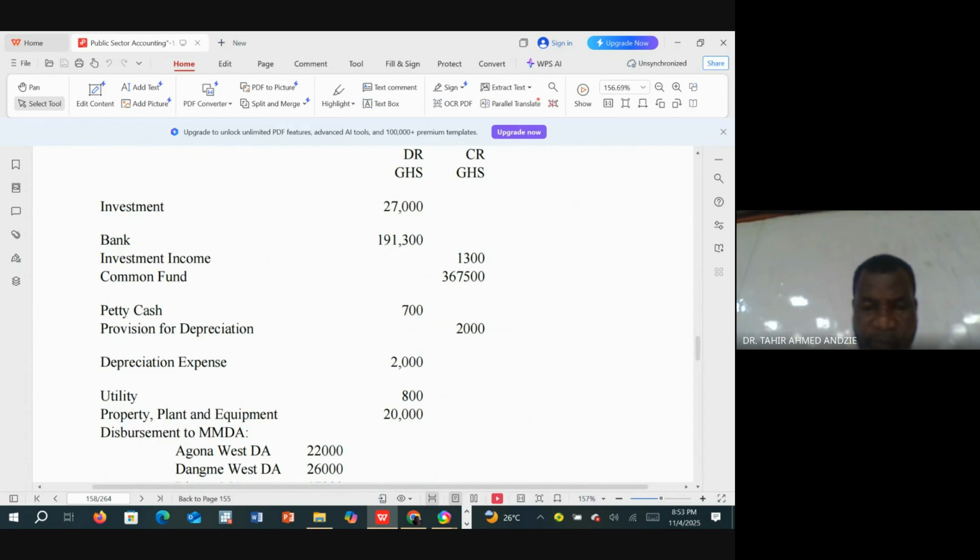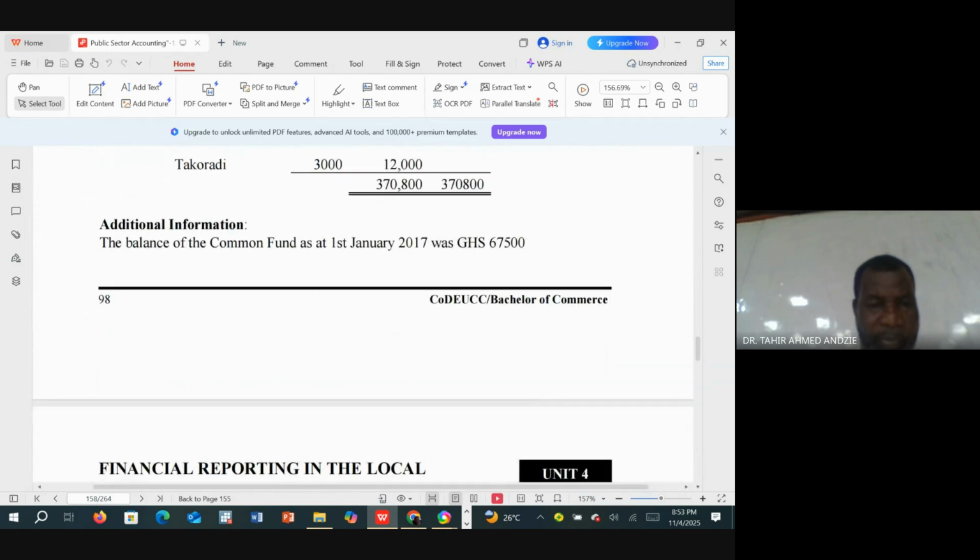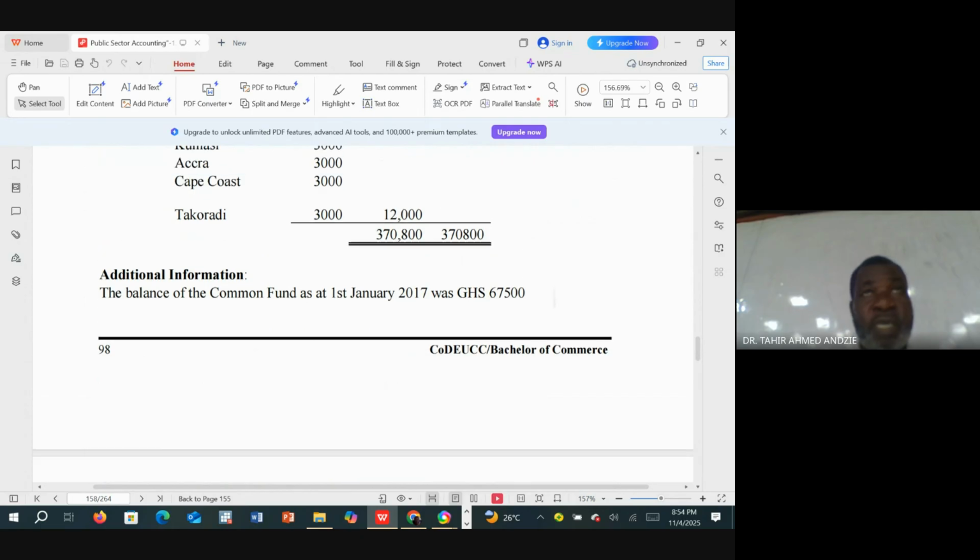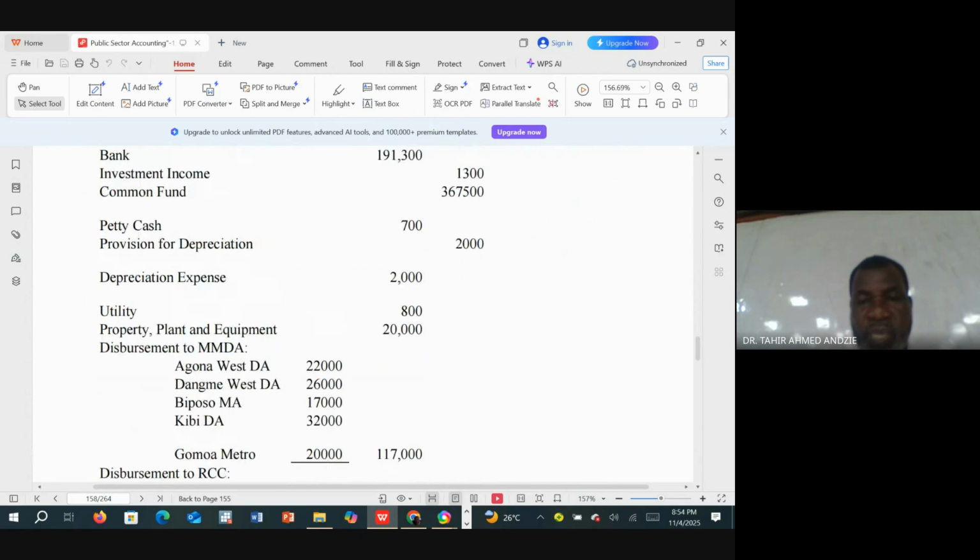So if we had the balance, we are told that the balance of the common fund at the start of the year was this. So if in the course we have 367,000, then how much did we receive? Because we added what we received to what we have at the beginning to give us what we have in the fund.